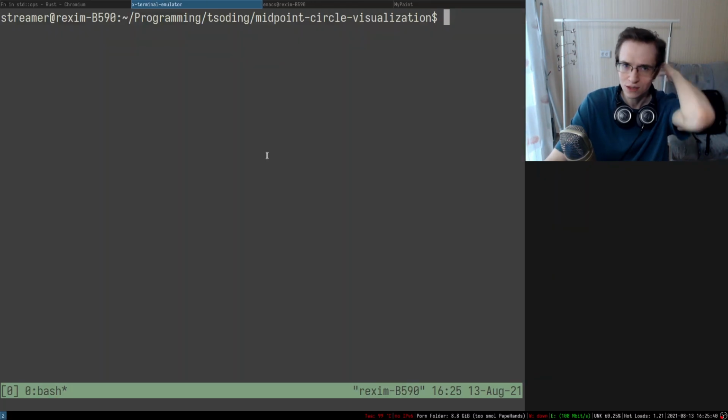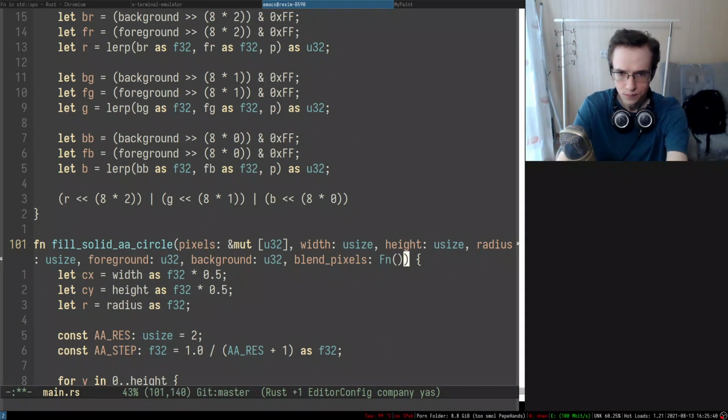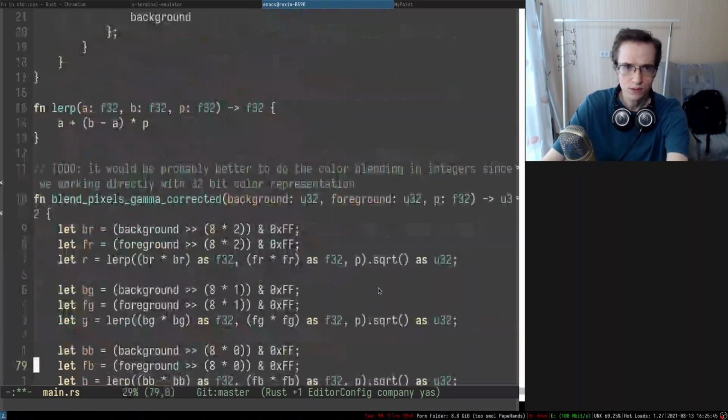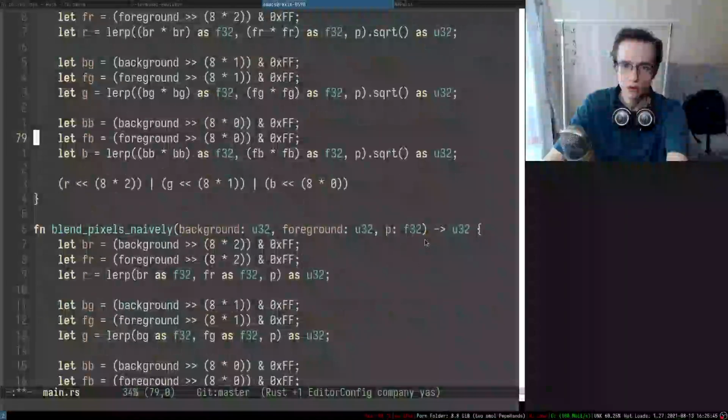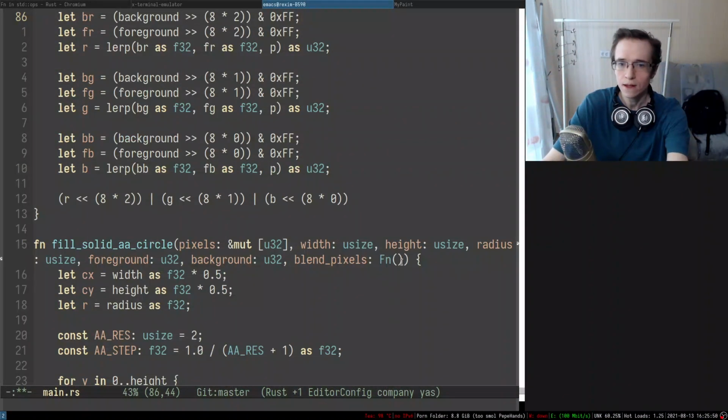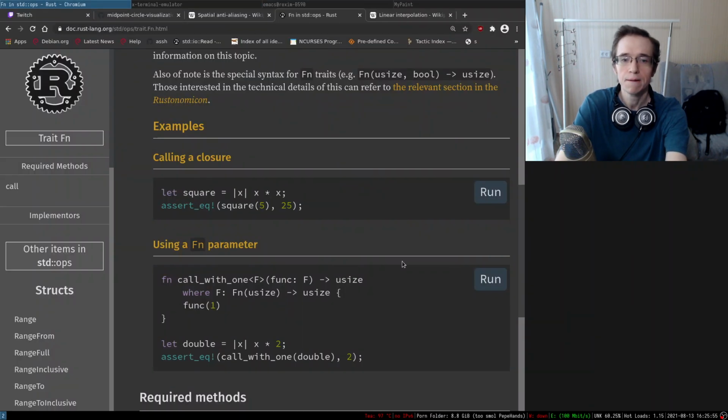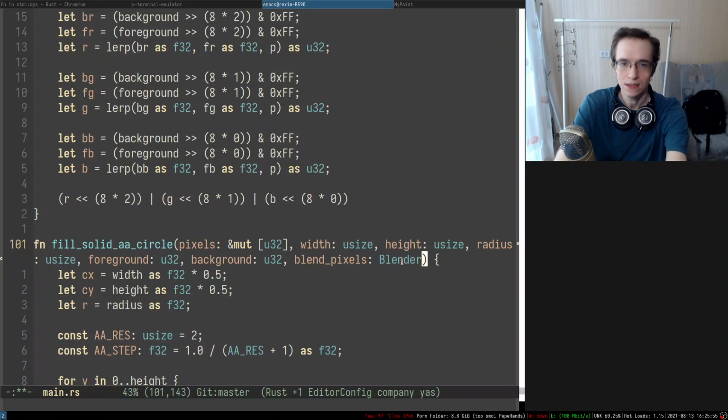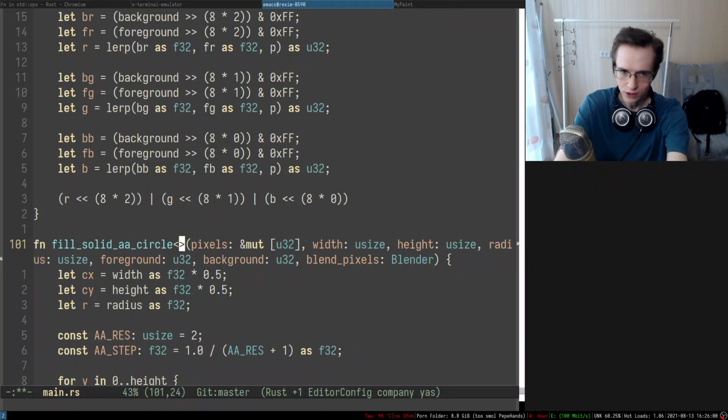So we want a function that accepts, what does it accept? U32, U32, and F32. Let's call it maybe like blender. Can I just say it's a blender? Yeah, and that means it's a generic, right?